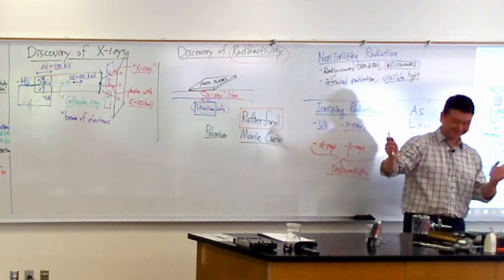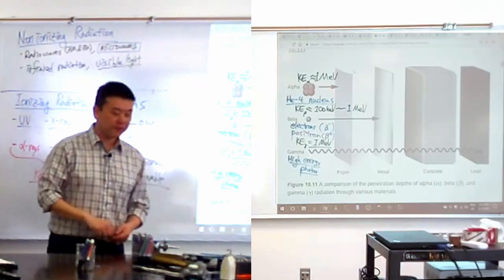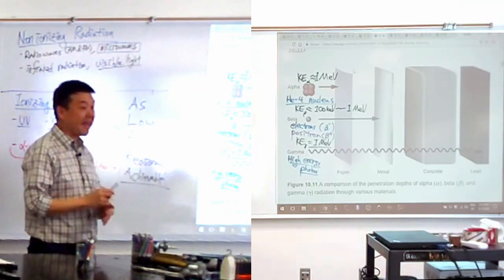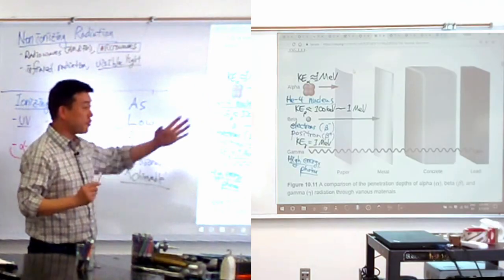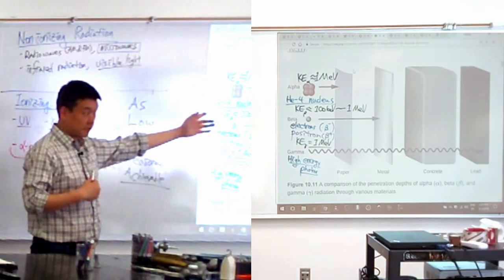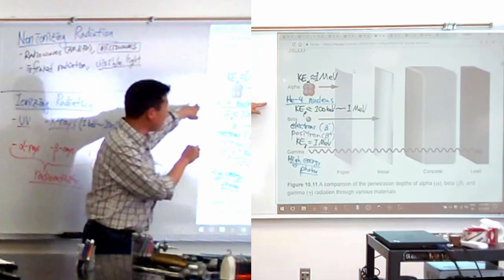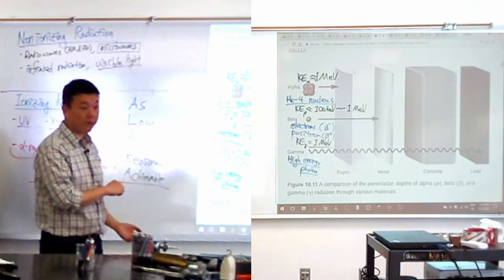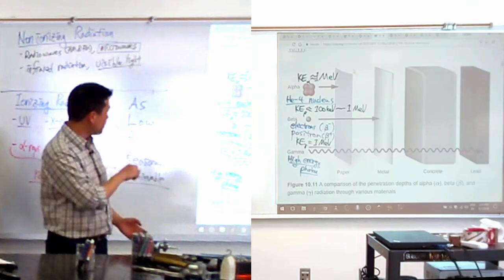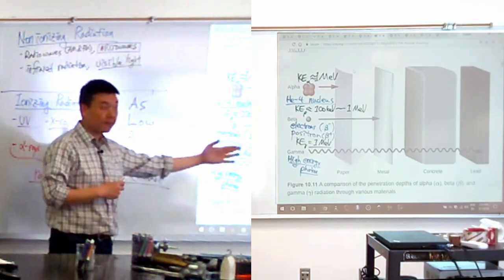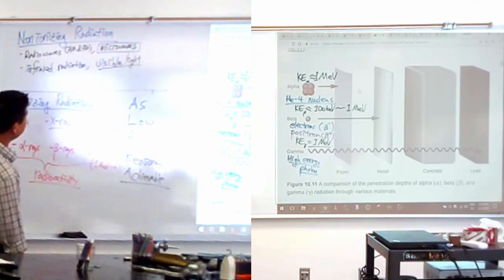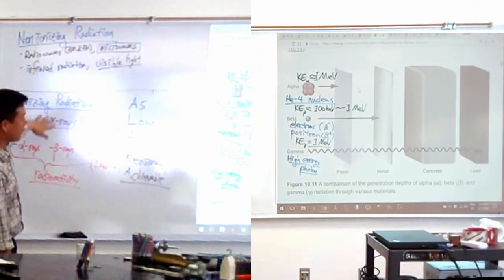Radiation refers to anytime something is radiated, something transmits energy. In fact, beta and alpha are not even electromagnetic waves. But these rays are emitting energy in some way, so we call it radiation. And the thing to be careful about is they are ionizing radiation.